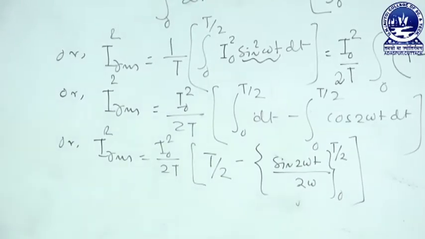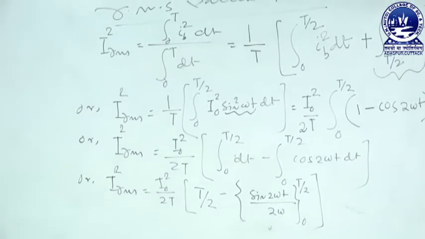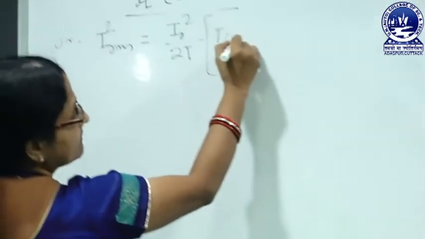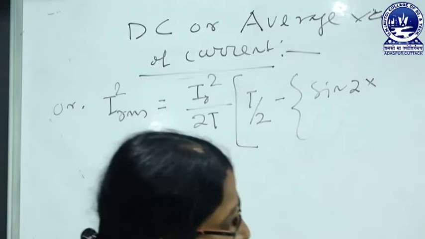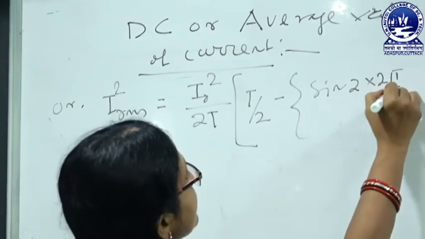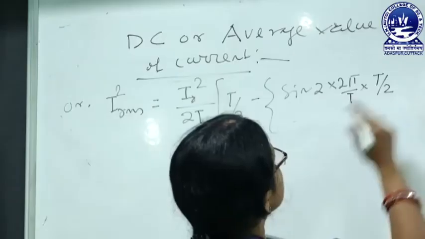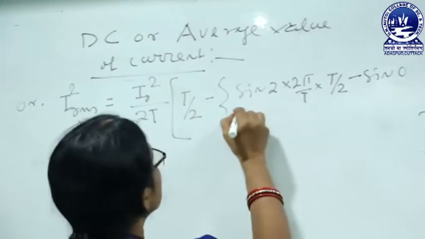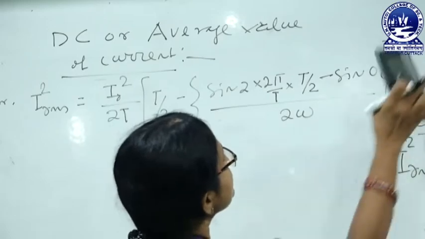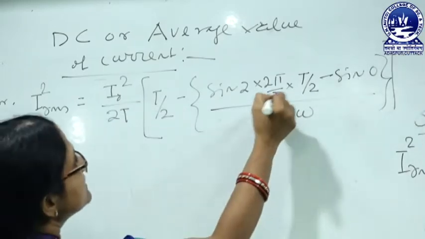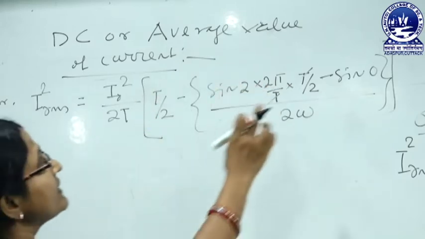Okay, so I square RMS is equal to I naught square by 2T into T by 2 minus sin of 2 omega, where omega is 2 pi by T, into the upper limit T by 2, minus sin 0, whole divided by 2 omega. Now the bracket is closed. Here T cancels, 2 cancels, only sin 2 pi comes, and here sin 0.